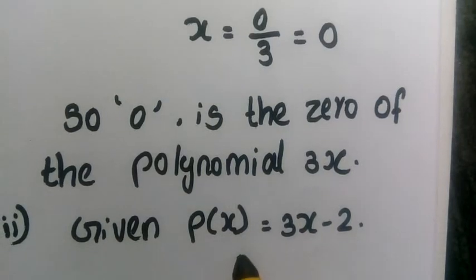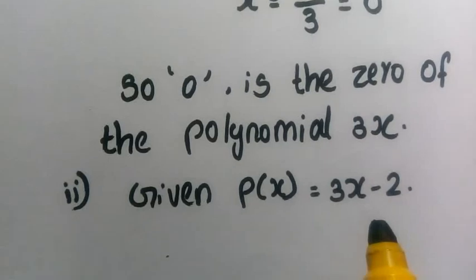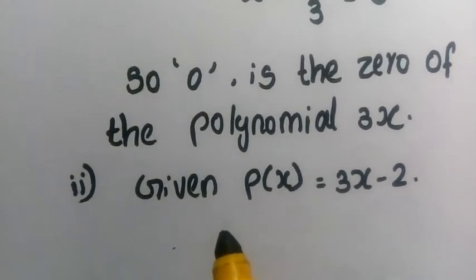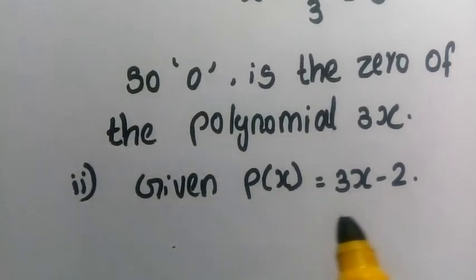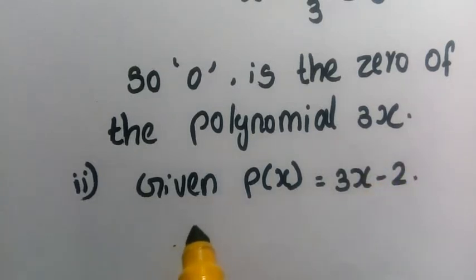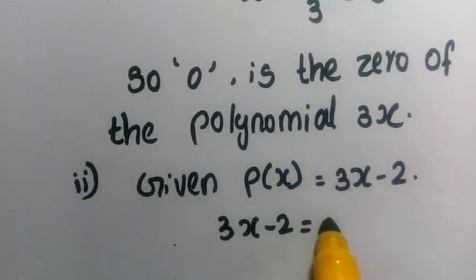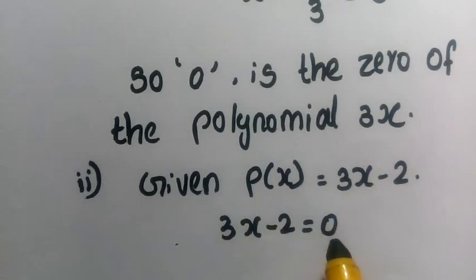Given p of x is equal to 3x minus 2. So we already discussed, for getting the 0, we need to equate 3x minus 2 to 0. So 3x minus 2 is equal to 0. Now we need to solve it. 3x minus 2 is equal to 0.